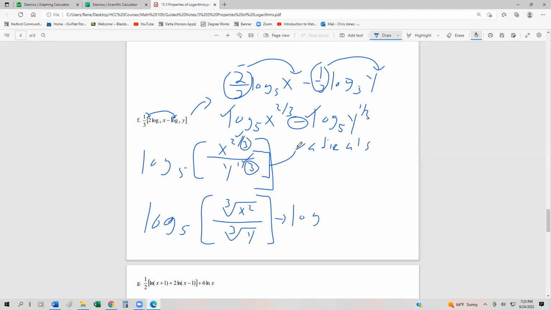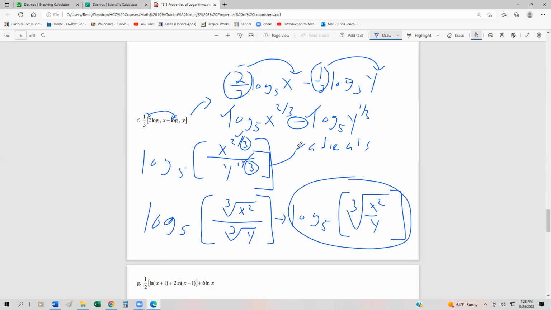So we could write this as log base 5 of the third root of x squared over y. All right. So now just be careful as to what MyMathLab wants. And realistically, all the stuff that we're doing is just algebra steps, so it's not too bad. But we want to be cognizant of how we try to write this into our MyMathLab.